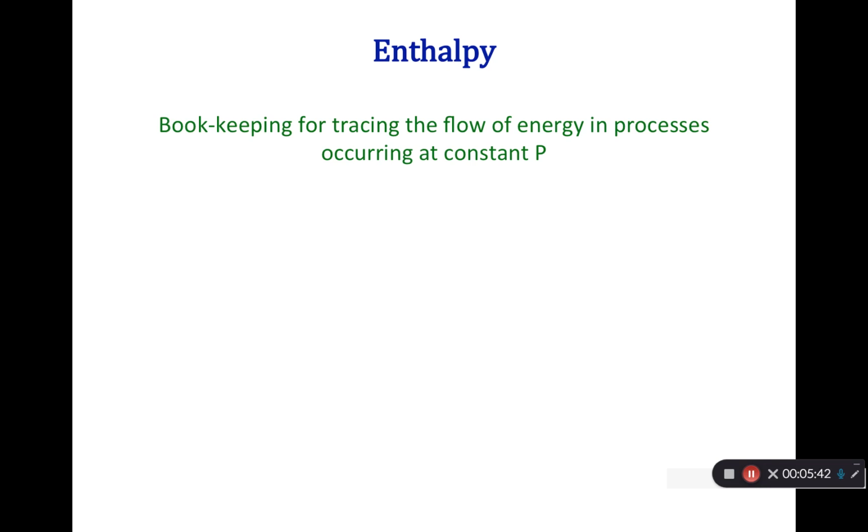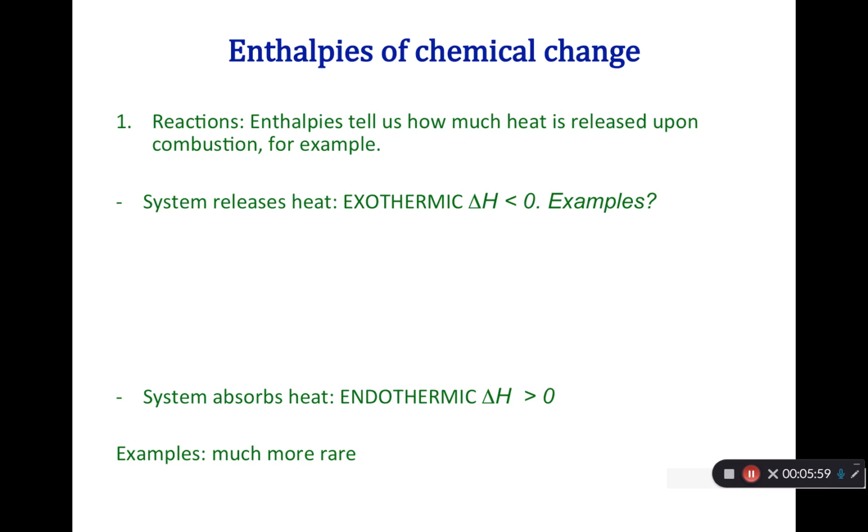Enthalpy for us is a number that we use for bookkeeping, for tracing the flow of energy in most processes that we are concerned with, which occur at constant pressure. Chemical or biochemical reactions in the cells are mostly occurring at constant pressure. There are enthalpies of chemical change and enthalpies of physical change.